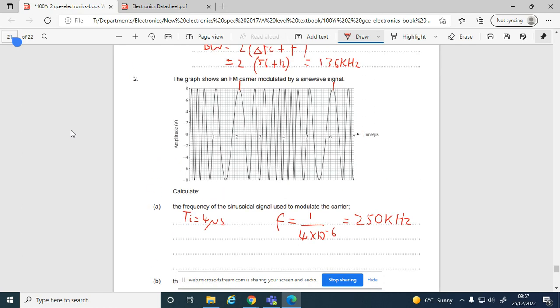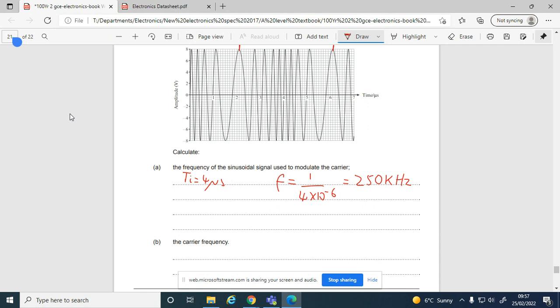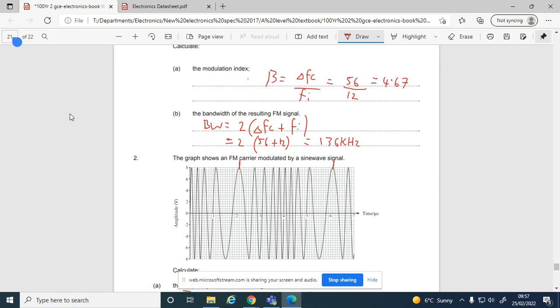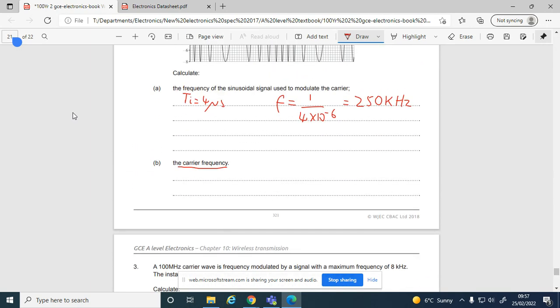Then the carrier frequency is the higher frequency. If you go wrong and decide that was a carrier, you'll see that the higher one you get is always a carrier. So it's dead easy. How many of these happen in that amount of time? Look, 1, 2, 3, 4, 5, 6, 7, 8, and 9. So is everybody happy that the carrier frequency is going to be 9 times higher than the information frequency, because you've got 9 cycles in that time?